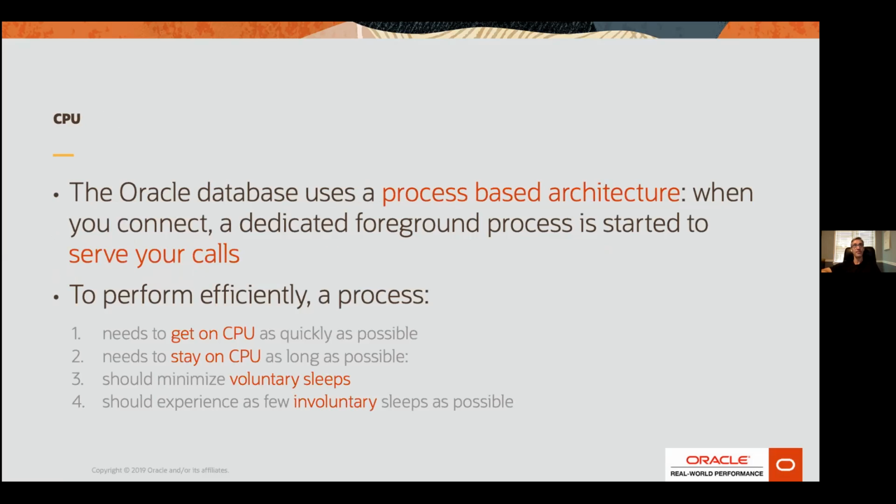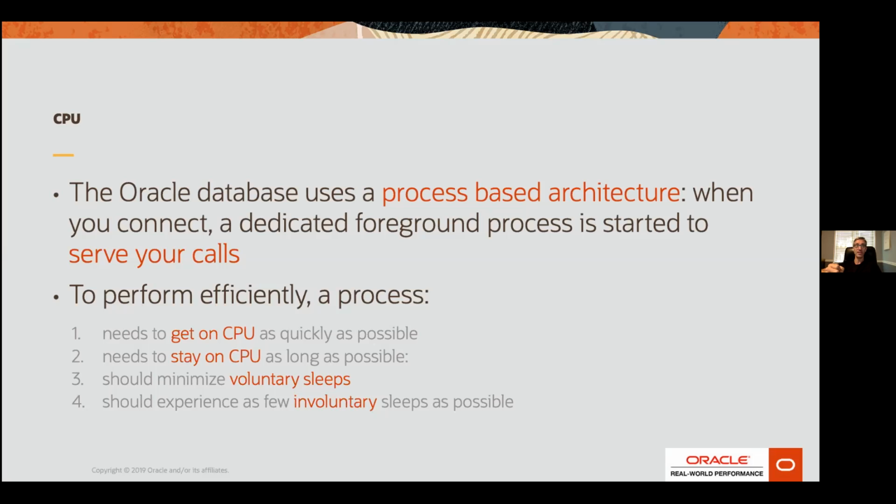So that brings us to CPU. The Oracle database is what we call a process-based architecture. It has a number of processes that work in the background doing things. Plus, whenever you make a connection to the database, your connection or session has a process on the database server that's associated with it, which performs the work, all the SQL statements or PL/SQL that you send down to the database.